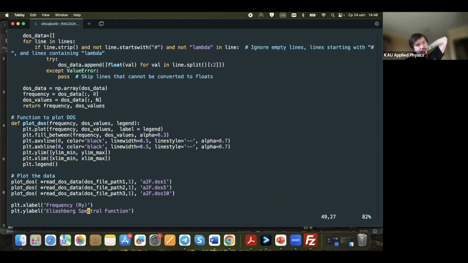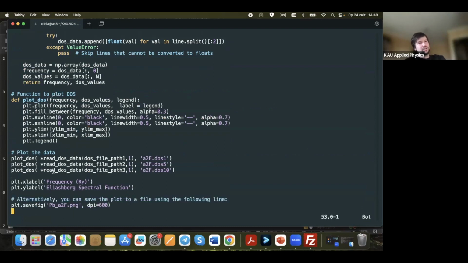It's like for DOS, so I didn't even change the names. You see DOS values, read DOS data, and so on. I just changed the frequency and Eliashberg spectral function labels, and this name.